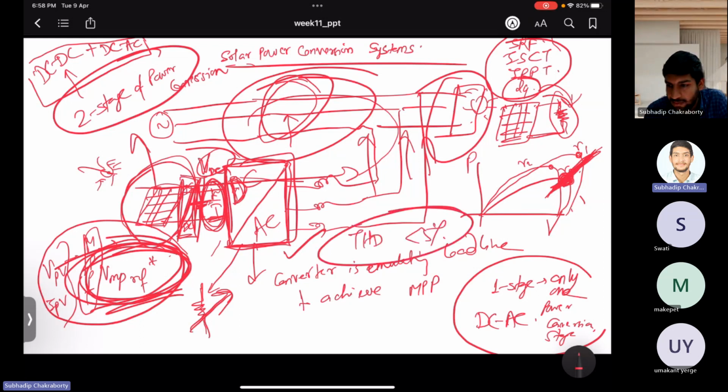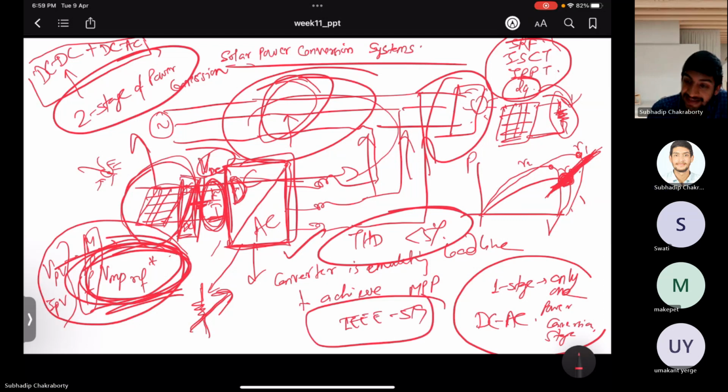You can download the IEEE 519 or IEC standards and see the harmonic criteria. The harmonic content of the grid currents should be less than 5%. Accordingly, we do that.